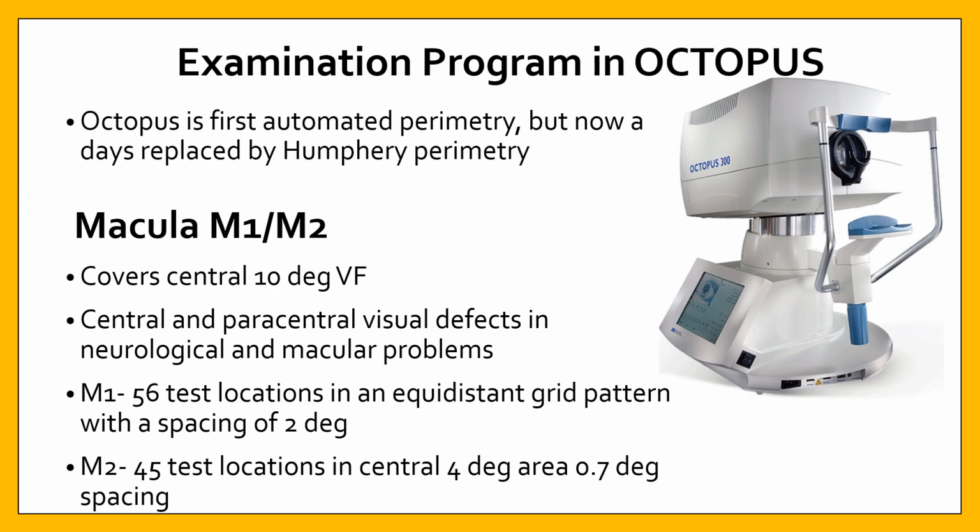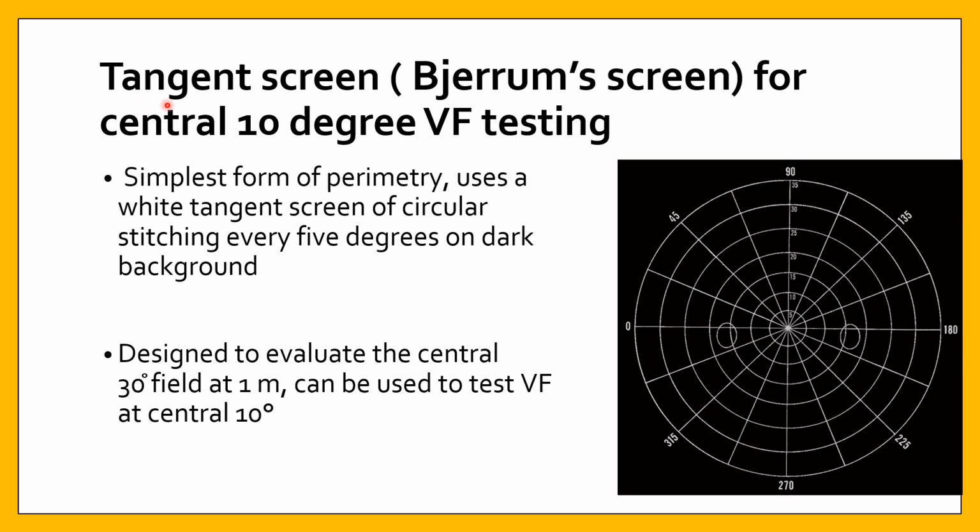0.7 degree spacing. Another one is the tangent screen, also called Bjerrum's screen, which measures up to the central 10-degree visual field. The simplest form of perimetry uses a white tangent screen with circular stitching every 5 degrees on a dark background, designed to evaluate the central 30 degrees at 1 meter, but it can be used to test the central 10 degrees of the visual field also.